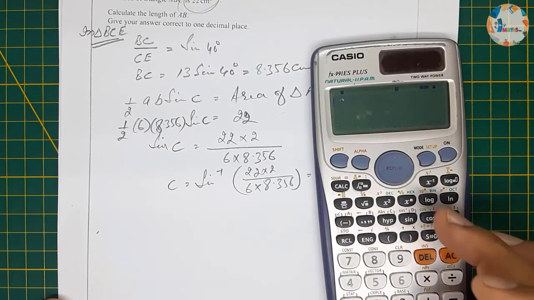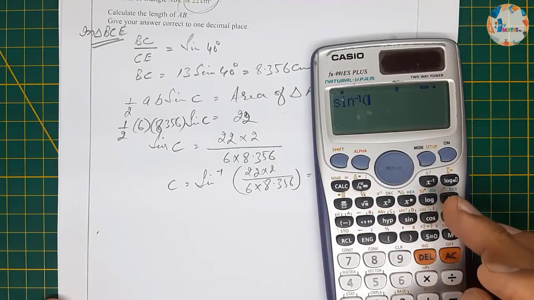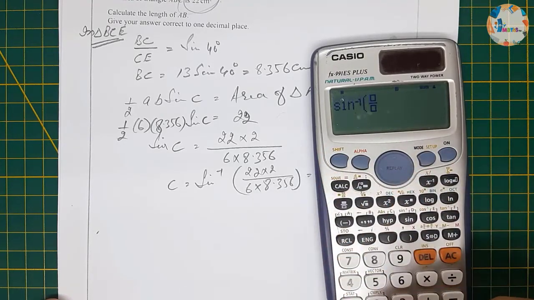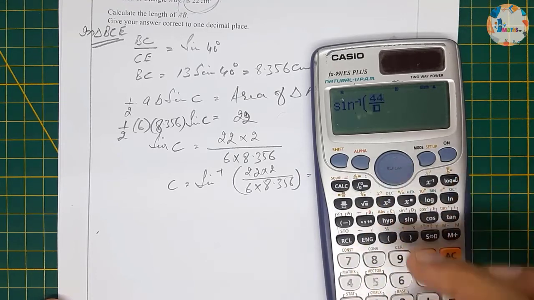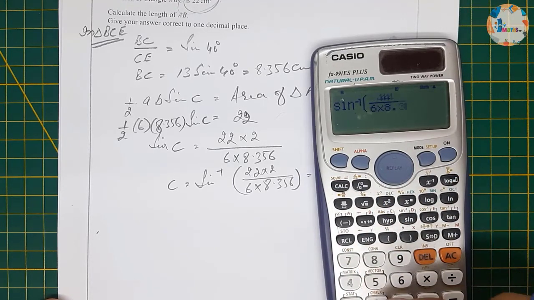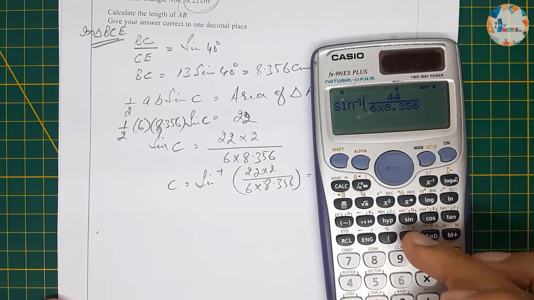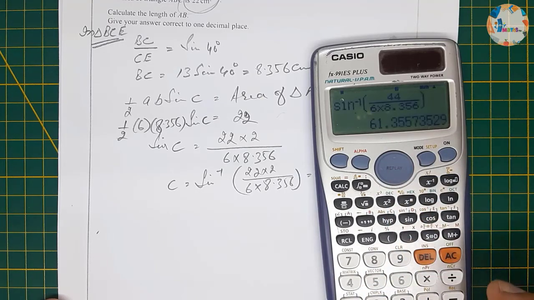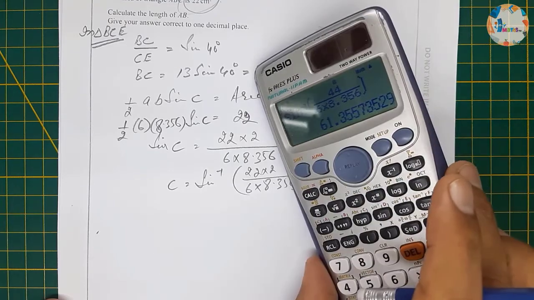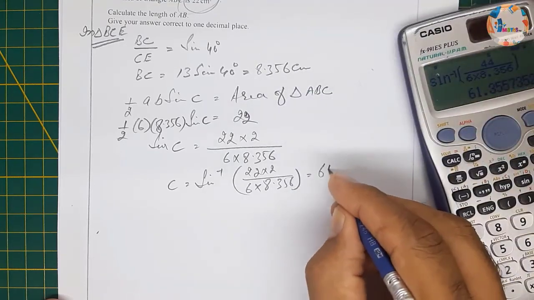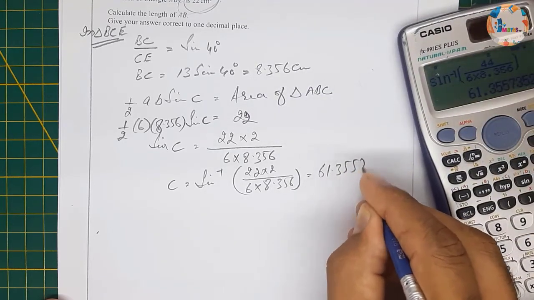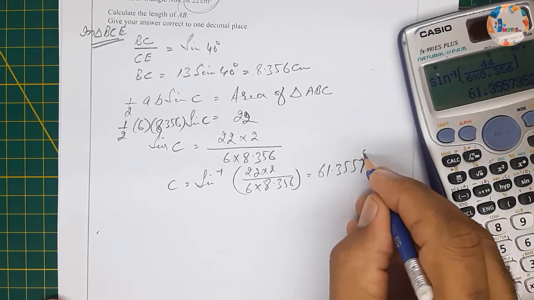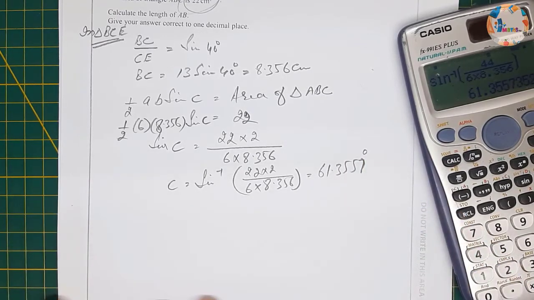This will be sine inverse of 22 into 2 will be 44 over 6 multiplied by 8.356, and this will result in 61.3557.